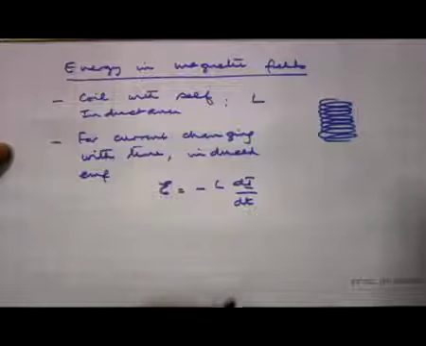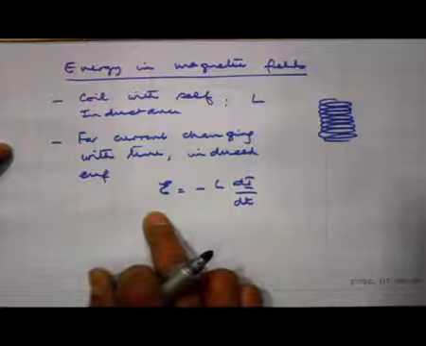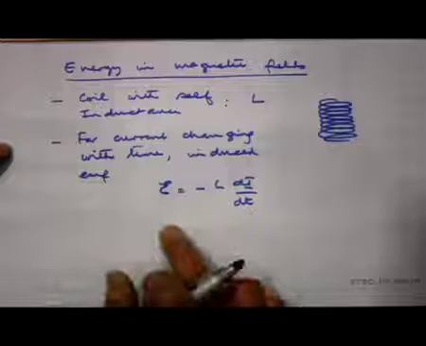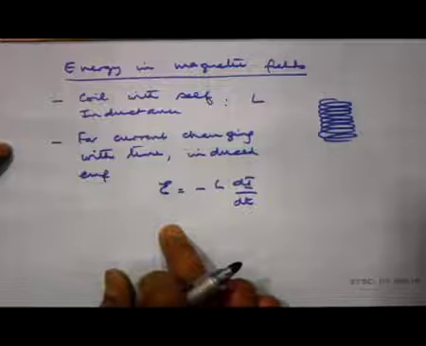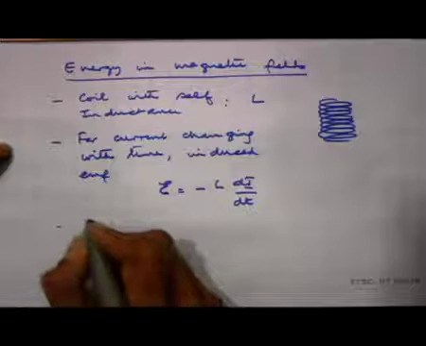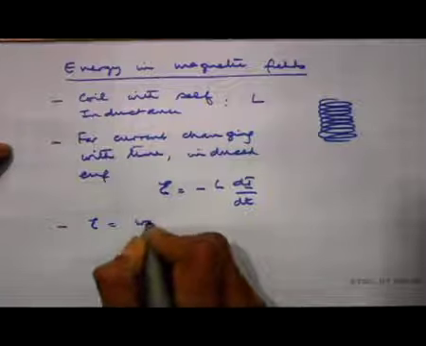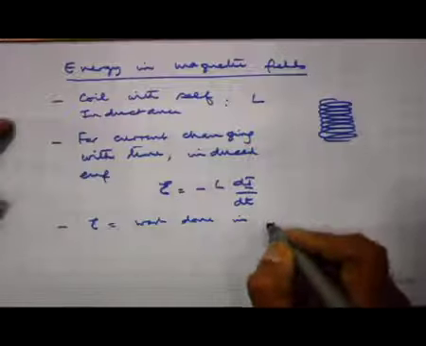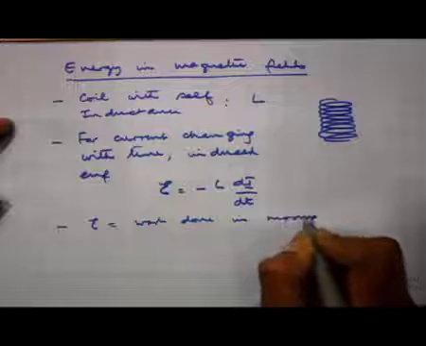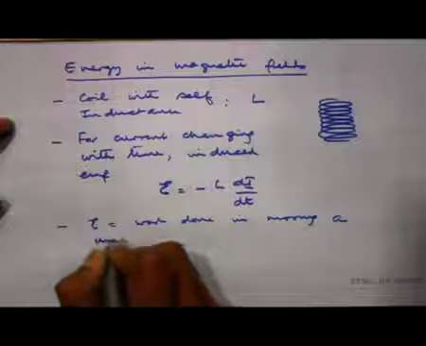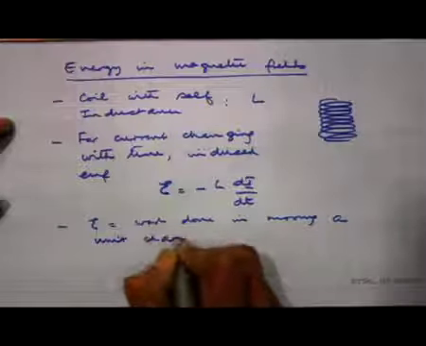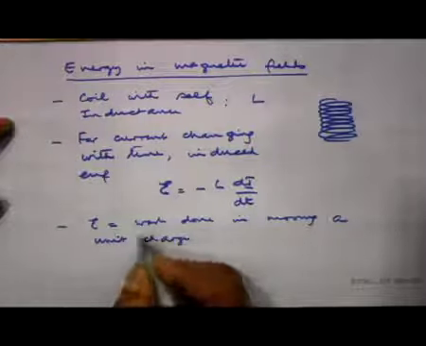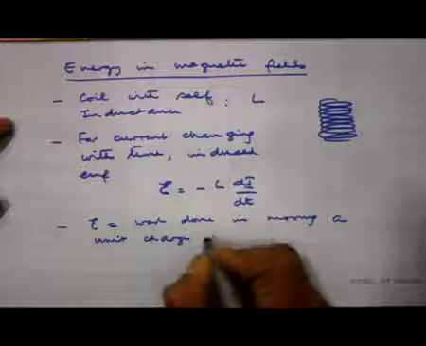To show this, what is EMF? EMF is nothing but the work done in carrying a unit charge across the complete circuit. So, E is equal to the work done in moving a unit charge through the circuit.